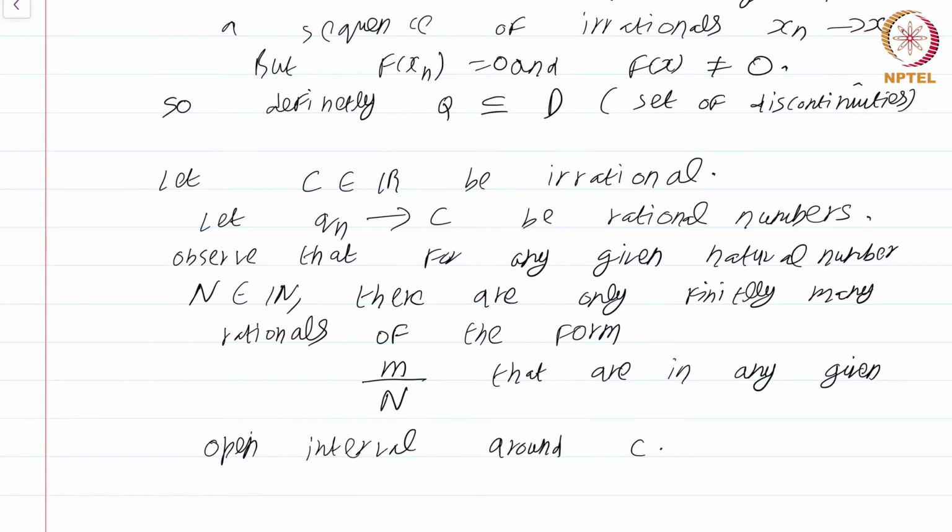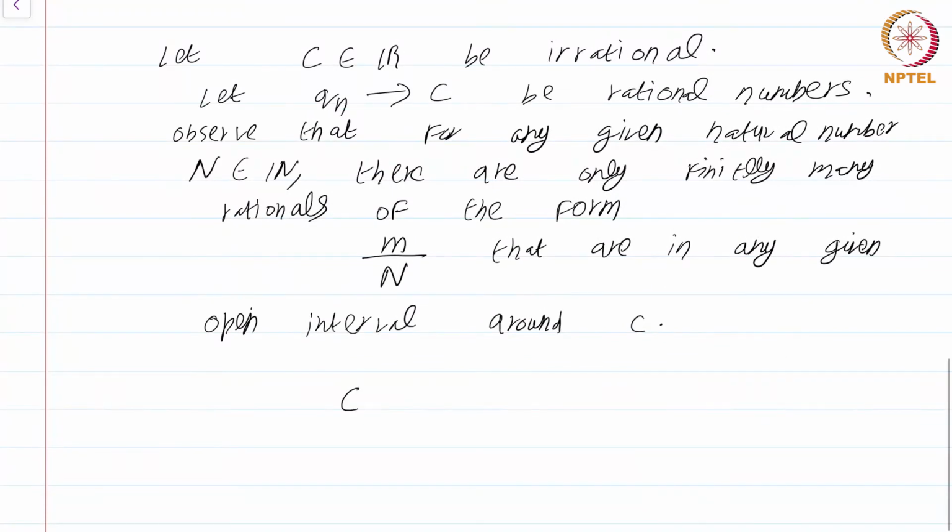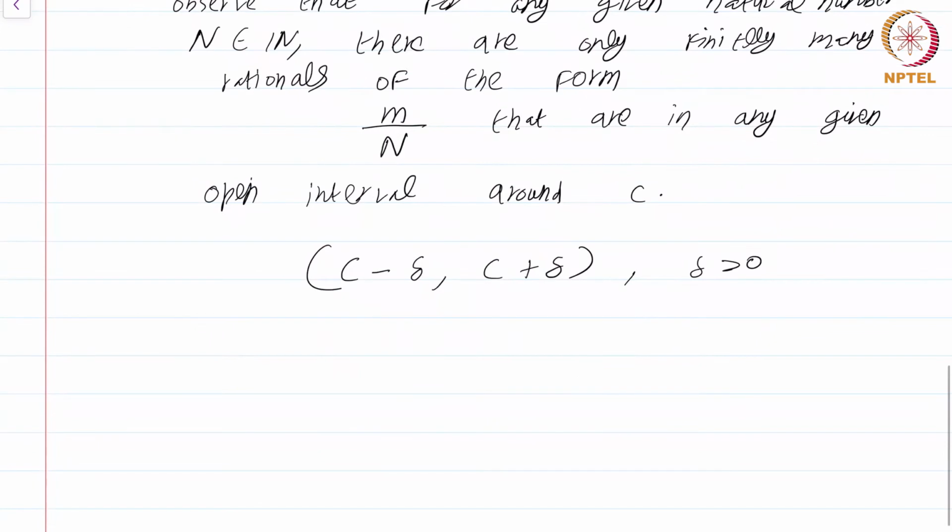So take c, take c minus delta, c plus delta, take this open interval, delta is greater than 0. Here you have the point c, here you have c minus delta, here you have c plus delta. What this is saying is there are only finitely many rationals of the form m by n that are in any given open interval around c. Why is this? Well, think about this. Imagine you have put a ruler on the real line.